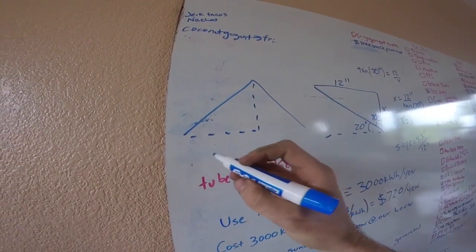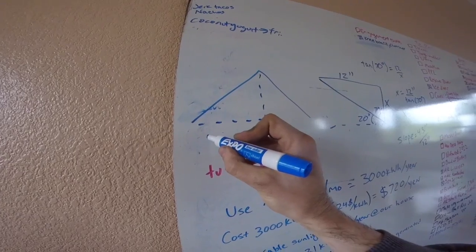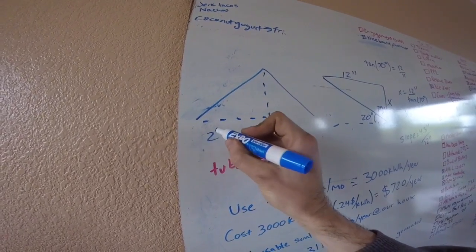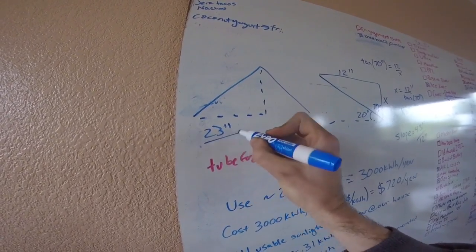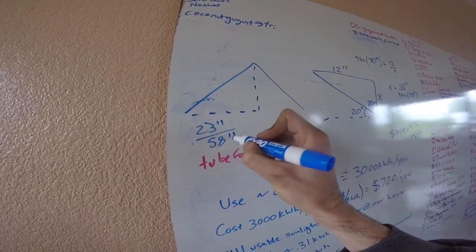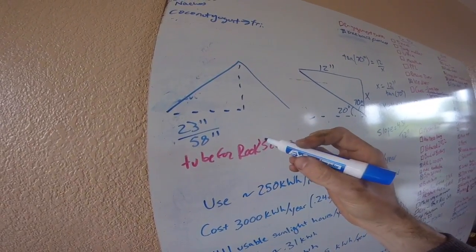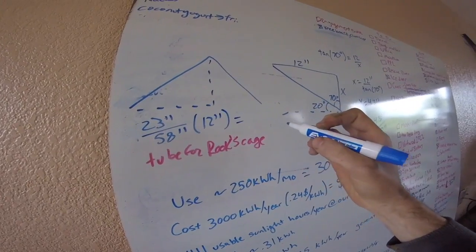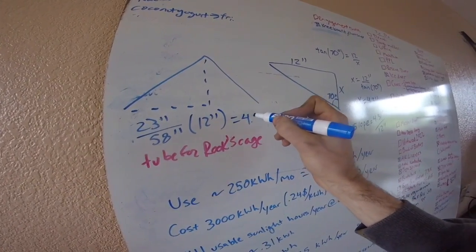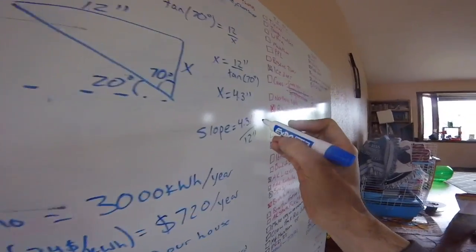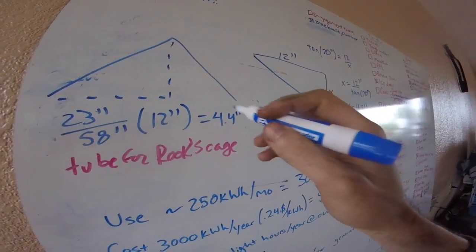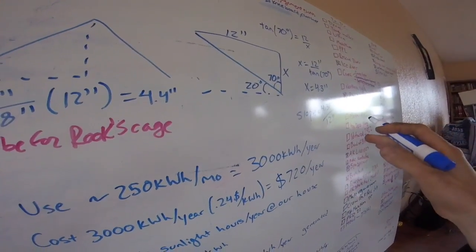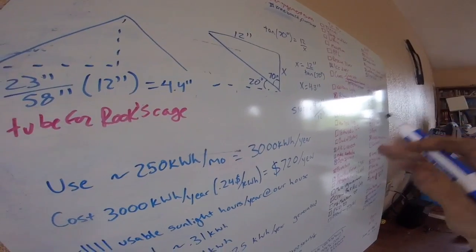So in my little example, under the eave, I had a rise of 23 inches and then a run of 58 inches. And so you do that, and we're going to get a decimal point, and we're going to multiply it by 12 inches, and that gave me about, I think it was 4.4 inches, so very close to what I got earlier. But anyway, so I'm in the about 4.3, 4.4 inch range for my rise over run.